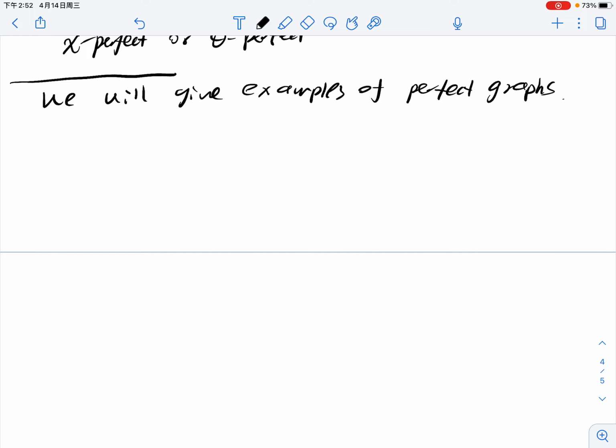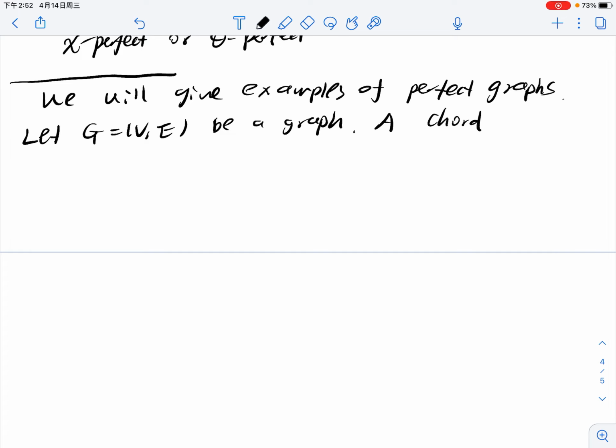So here we construct several models and then compare some new graphs to our models and see if those new graphs are perfect. So let G be a graph.